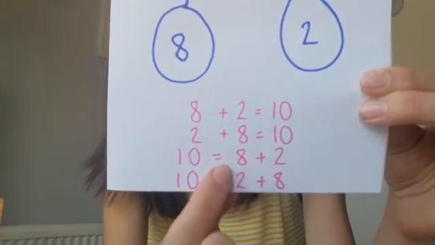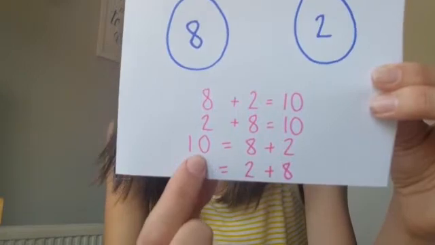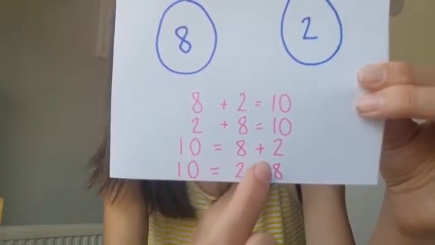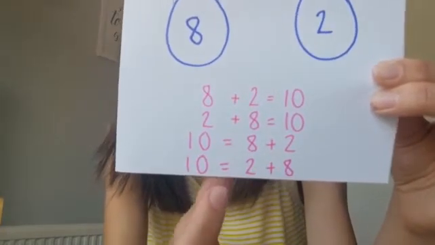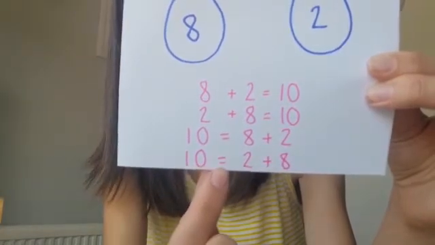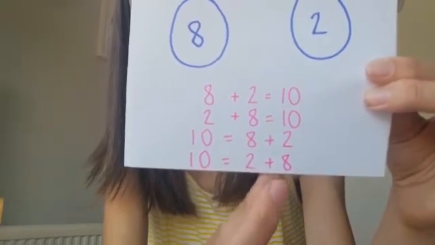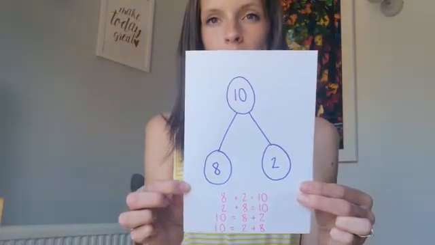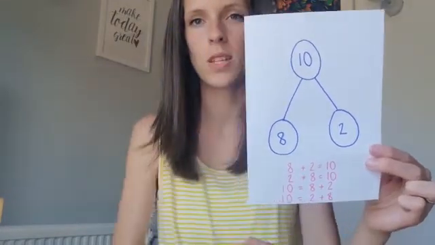Remember, that equal sign just means the same as, so whatever is on this side needs to equal the same as whatever is on this side. So we could also say 10 equals 2 add 8. So here's our number bonds, 8 add 2 equals 10, and our 4 number sentences that go with it.